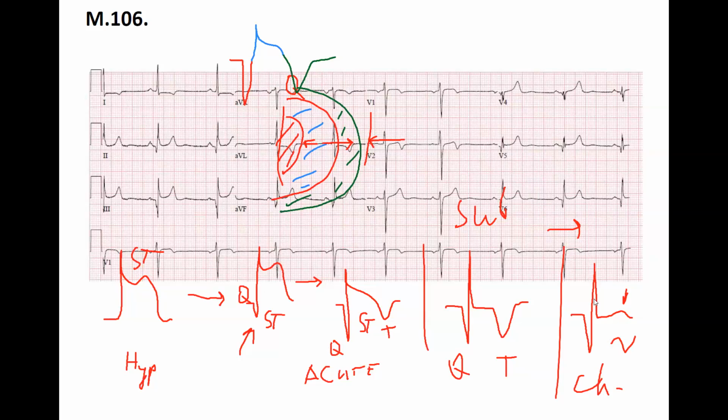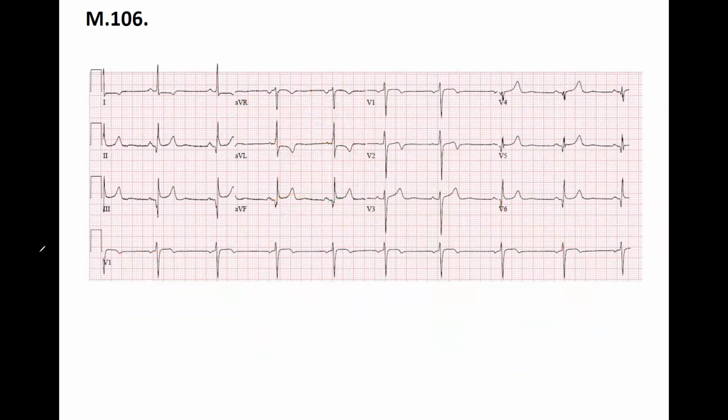If you see only a Q wave, that's okay. That means a chronic one. The easiest way to detect, side by side, a chronic and an acute one is if you have, for example, a pathological Q wave in leads 2, 3, aVF, and you see ST elevation. So I draw it, maybe it's not the correct one.